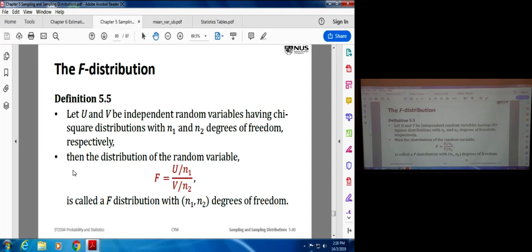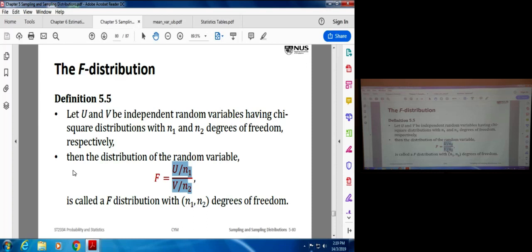We take U and V, independent chi-square random variables on n1 and n2 degrees of freedom respectively. And we define the random variable F as the ratio of U over n1, its degrees of freedom, divided by V over n2, where n2 is the degrees of freedom of V. Okay, that's a definition.